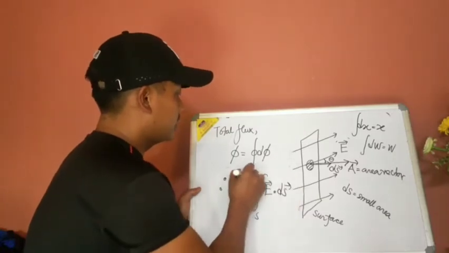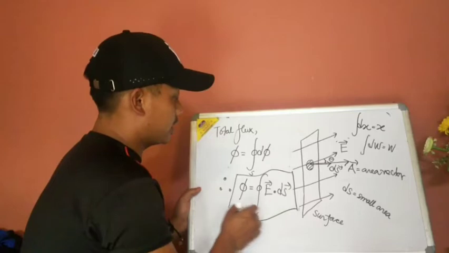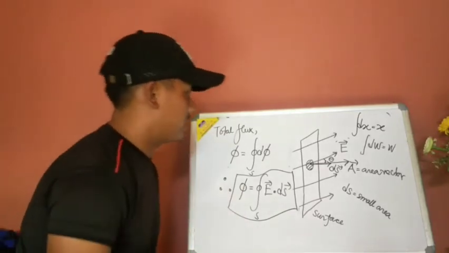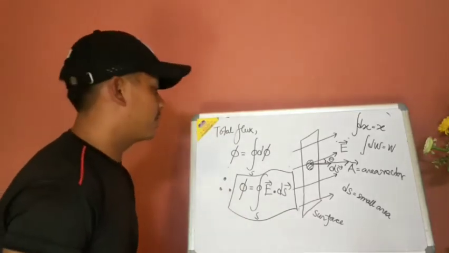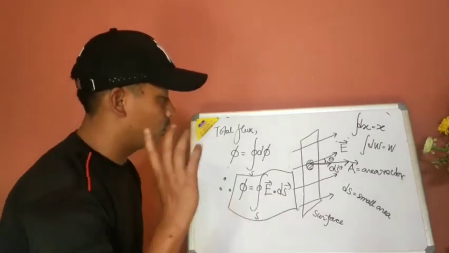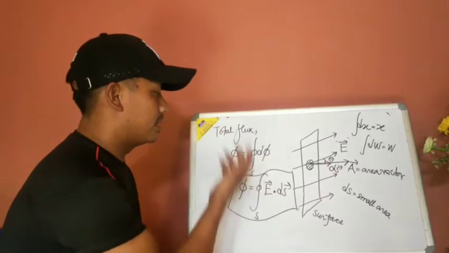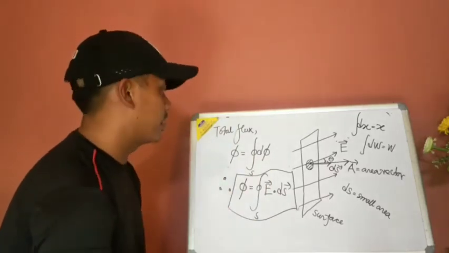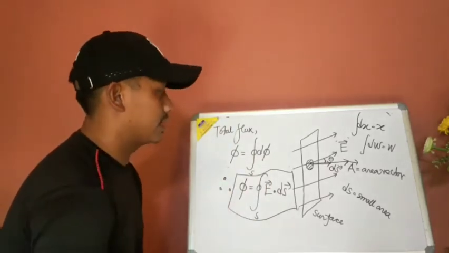So this is the integral representation of electric flux. Taking the dot product of E vector and ds vector and integrating over the surface, you will find the total electric flux.